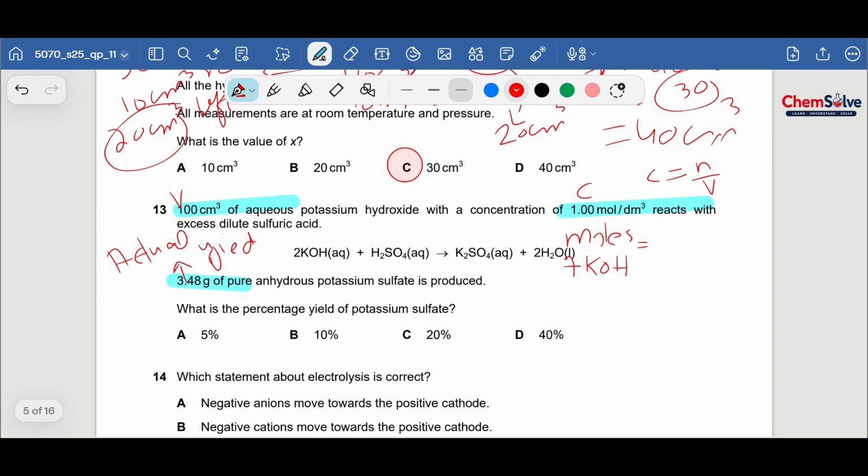I will multiply concentration with the volume. Concentration is 1, volume is 100, but we have to divide it by 1000 in order to convert it into dm cube, and it will be 0.1 mole.